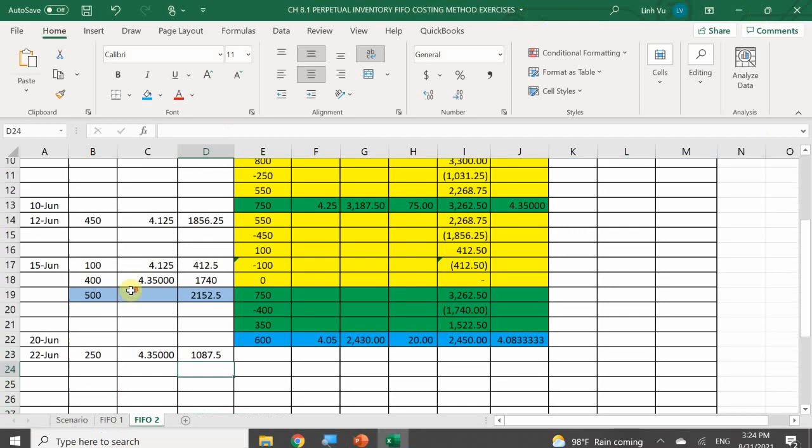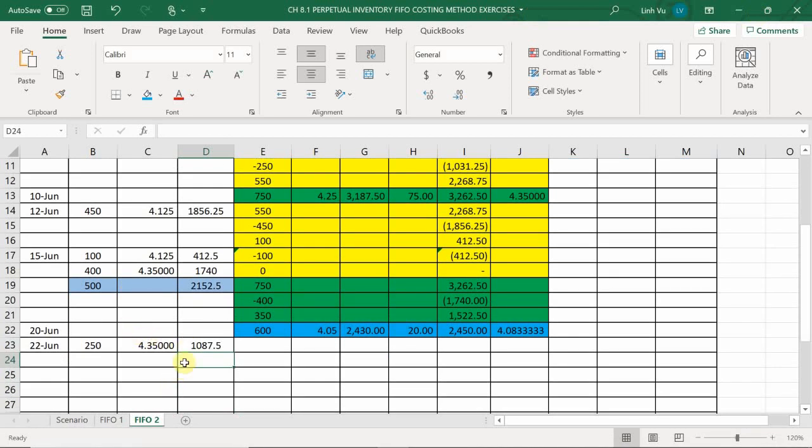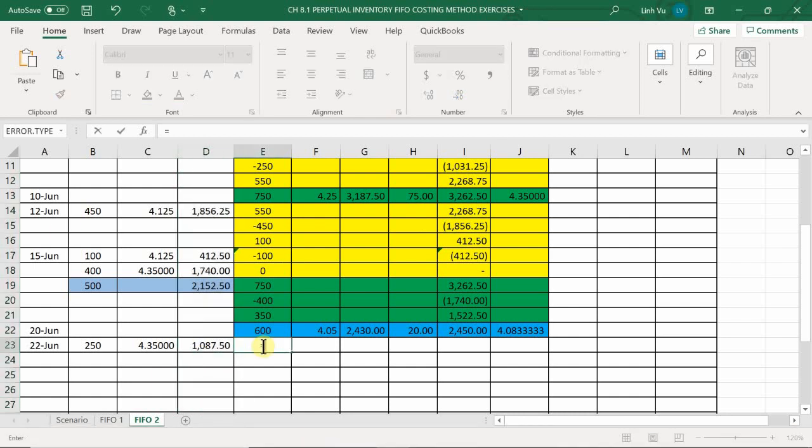What's my total amount that I sold for the 250 items at $4.35 each? $1,087.50. $1,087.50.